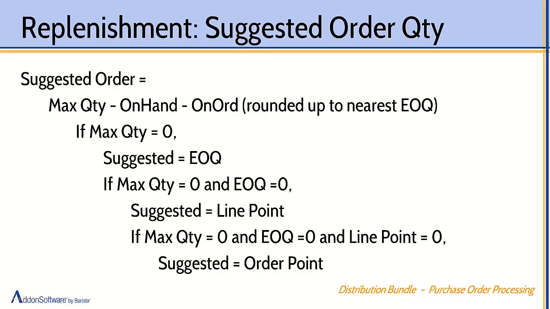So maximum quantity minus the on hand minus the on order rounded to the nearest EOQ. And then if that is 0, then the suggested will be the EOQ. If both the maximum quantity and the EOQ are 0, suggested is line point, and so forth.